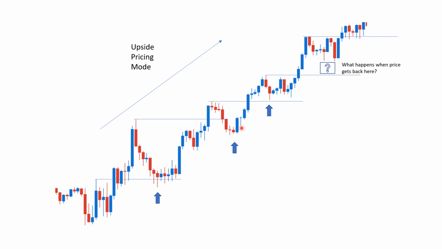It really takes a little bit of practice to start seeing this higher high, higher low pattern forming. In fact, you could consider this one as well being a higher high and a higher low. But you see these clear upside pricing modes happening.